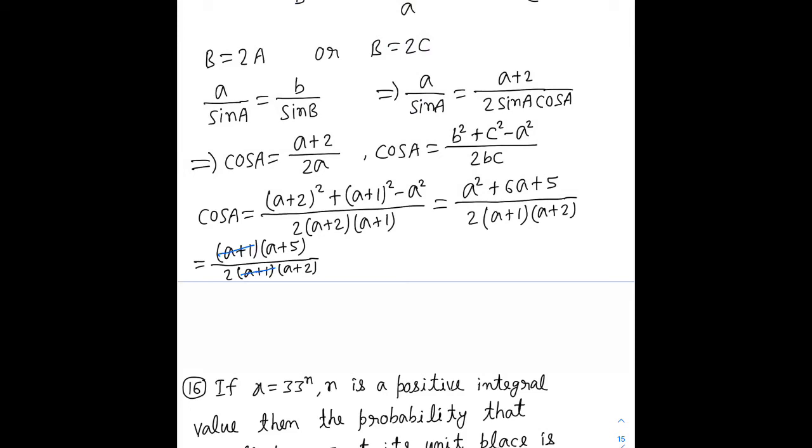Then you can equate cos A. So a plus 2 by 2a equals this other expression, and 2 will get cancelled.